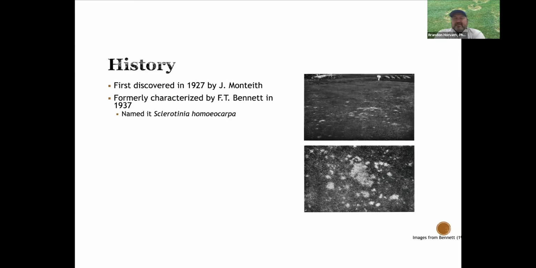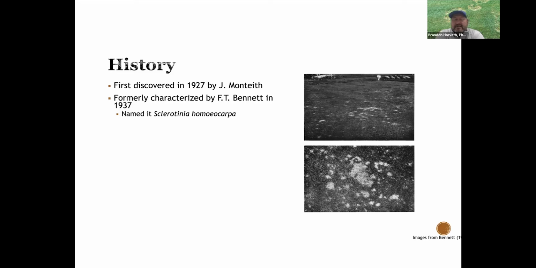Okay, so let's get into dollar spot and dollar spot history. Dollar spot has been a disease that we've known about for a long time. It was originally called little brown patch. It was first talked about by Monteith in 1927, and then formally characterized by F.T. Bennett in 1937, so about 10 years later.